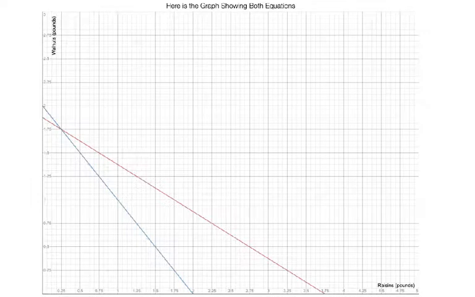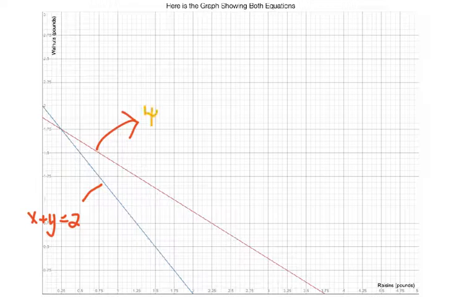So now what I've got here is this ginormously big graph. And basically, these are the two lines that represented the two situations. All right, so I know the blue one had to do with x plus y equals 2. And this one has to do with, I believe it was 4x plus 8y equals 15.